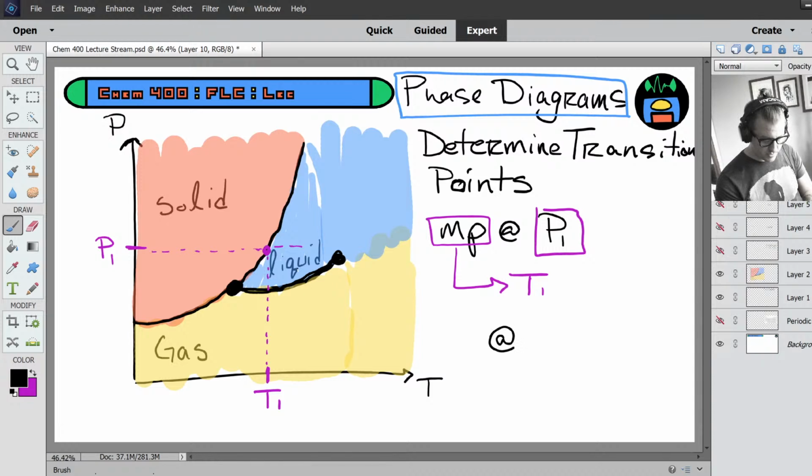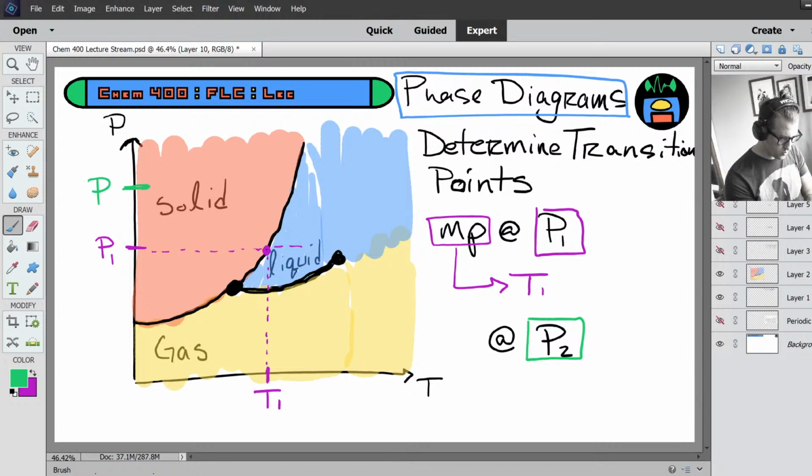All right. Let's say we want to know what the melting point is at a different pressure. We'll call it P2. Well, you find P2 wherever that falls on your phase diagram.